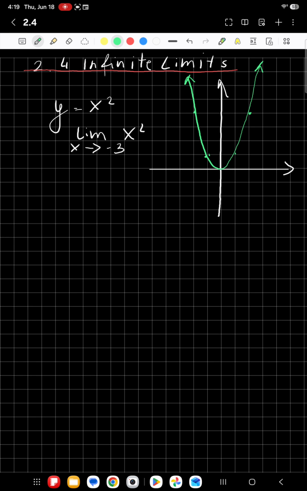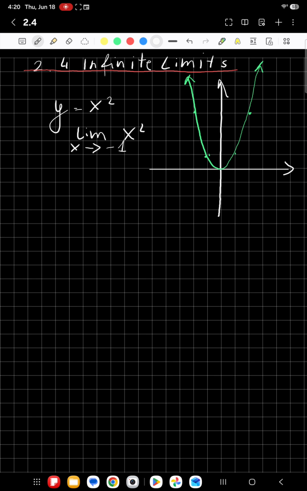Maybe, what can we do here? Yeah, let's change it. I'm changing it because the limit will be 9, so we won't be able to see the limit. So let's put -1 here instead of -3.